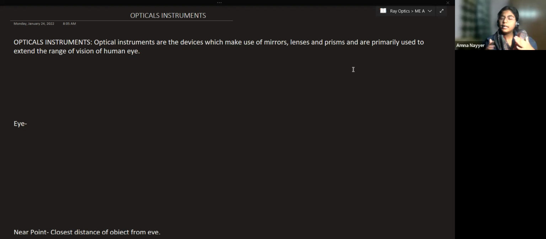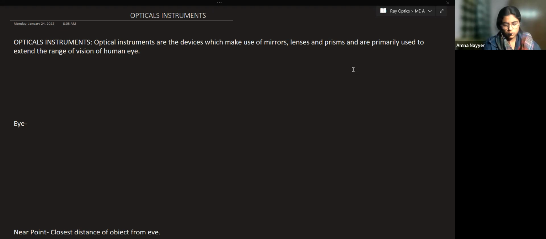When I say extending human eye vision, that simply shows if I'm able to see at this much distance, let's say, beyond this distance I'm not able to see anything clearly. Let's assume it. So, what will happen if a tiny micro object, a microparticle, is present? How will I see it? Or let's say something kept very far away, a distance far greater.